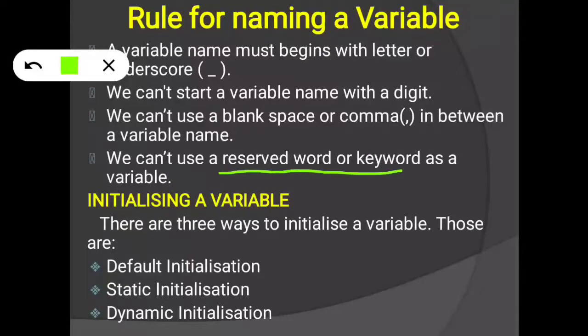A keyword is a word which has already been defined in the Java language, meaning a word already reserved for another purpose, and that word we cannot use as a variable name. This much rule we have to follow when we declare a variable.